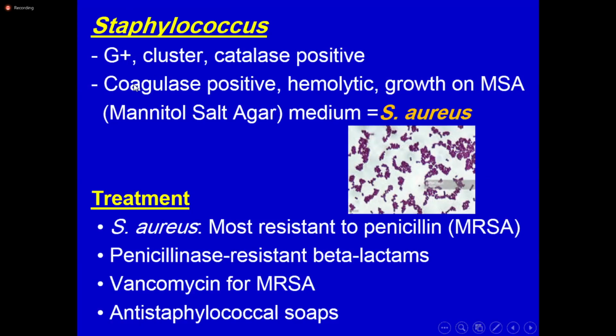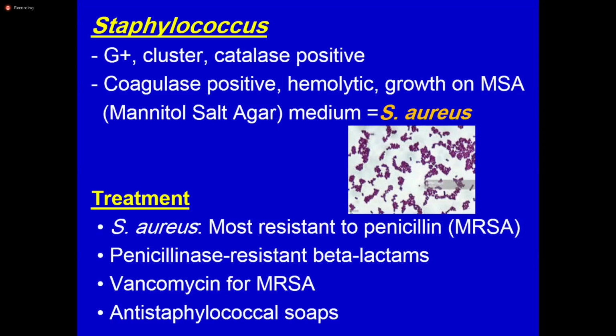There are coagulase positive microorganisms, which cause beta hemolysis on the blood agar, and can grow on mannitol salt agar. They are mannitol fermenters. So these characteristics indicate Staphylococcus aureus.